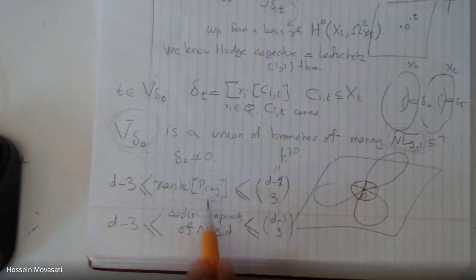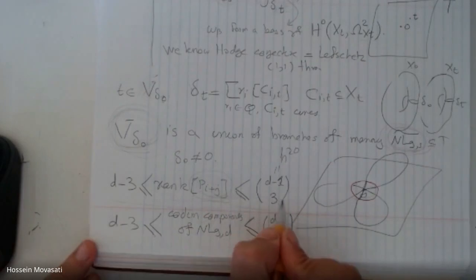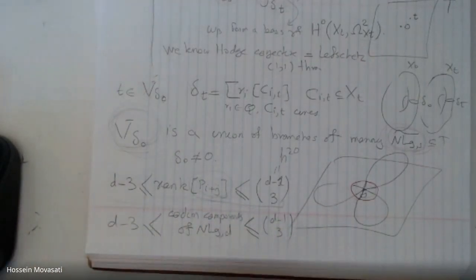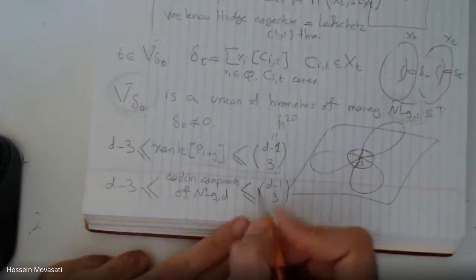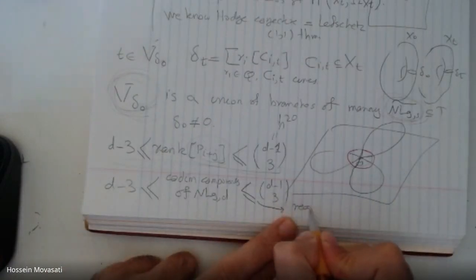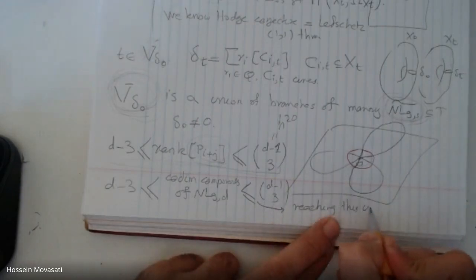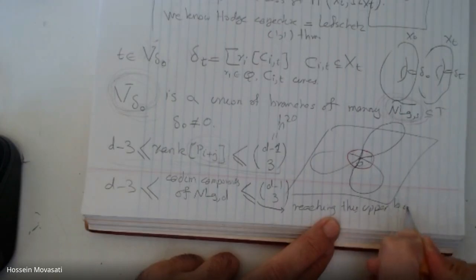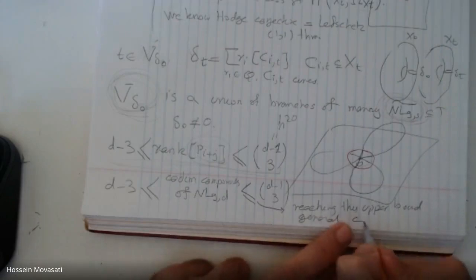So I will make one definition. The components reaching this maximum, reaching this upper bound, are called general components.